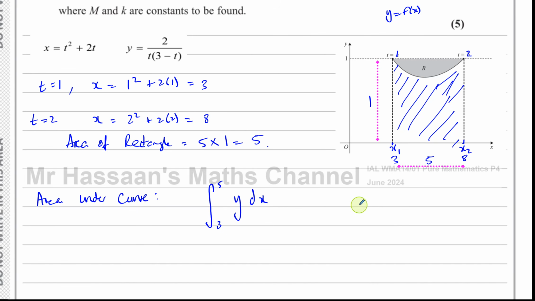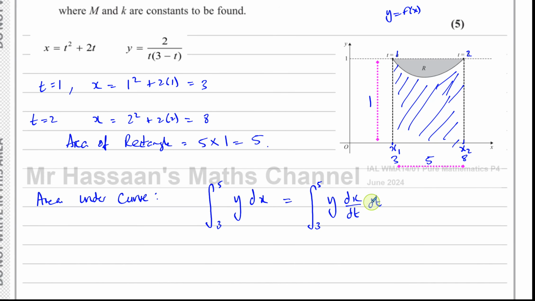Now, unfortunately, well, not unfortunately, but we don't have the equation in terms of x, y as a function of x. We have x and y both as functions of t. So when you're dealing with parametric integration, what we have to do is very similar to what we do with substitution. We have y dx/dt dt.